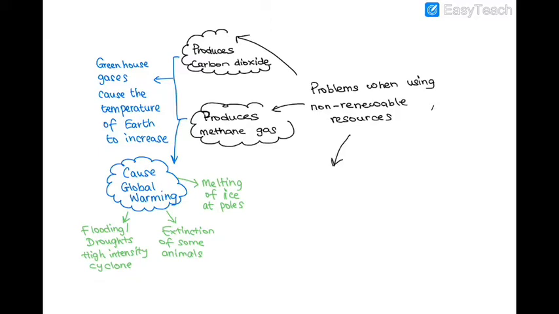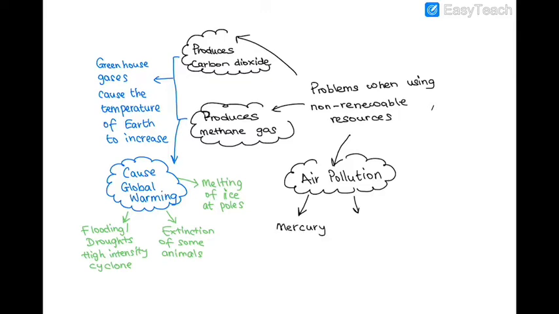The second issue caused by non-renewable resources is air pollution. When we burn these non-renewable resources, for example, oil, coal, petroleum gas, these produce toxic substances such as mercury, sulfur dioxide, and oxides of nitrogen, which are very harmful to the air.